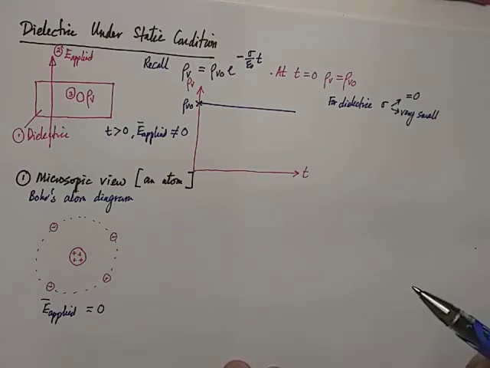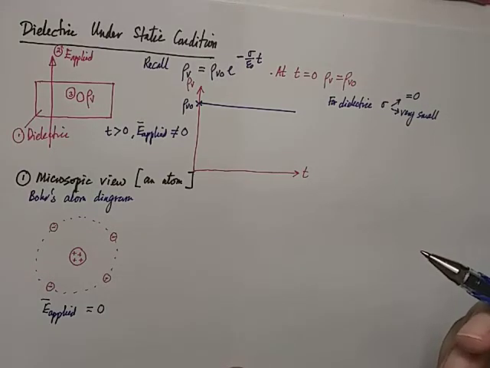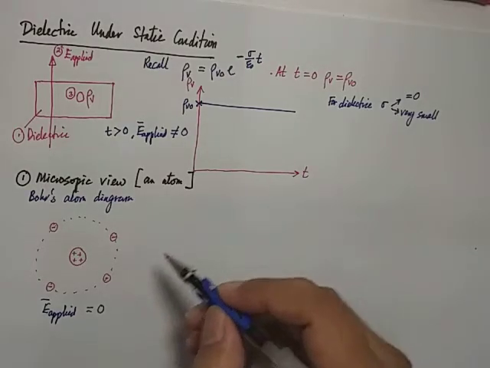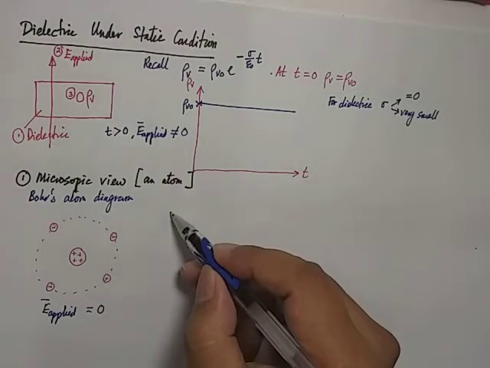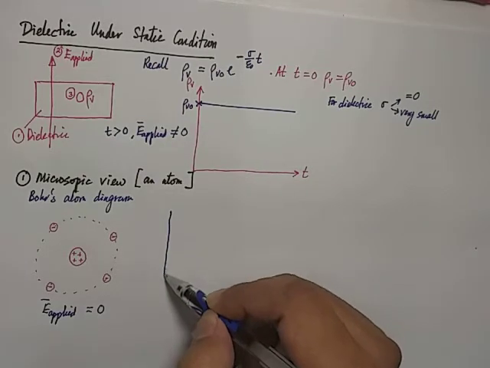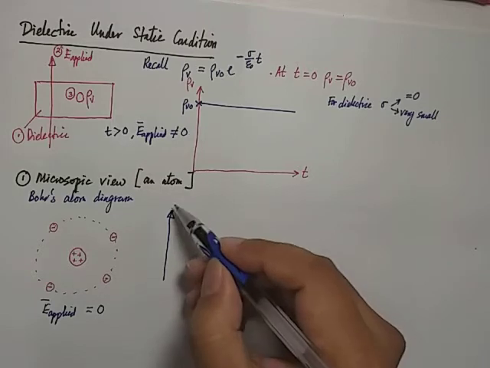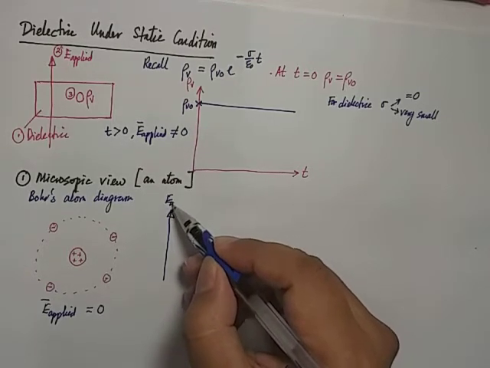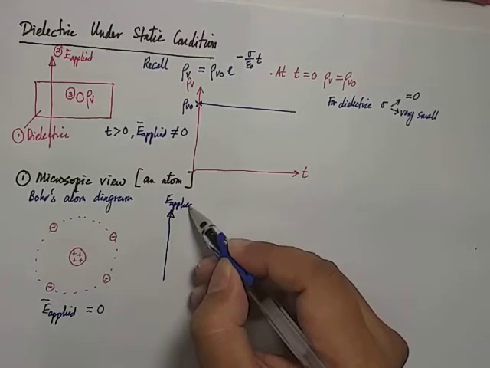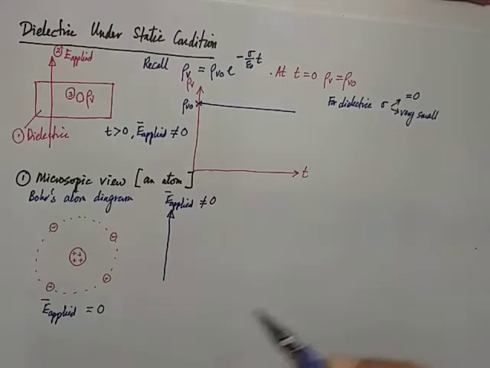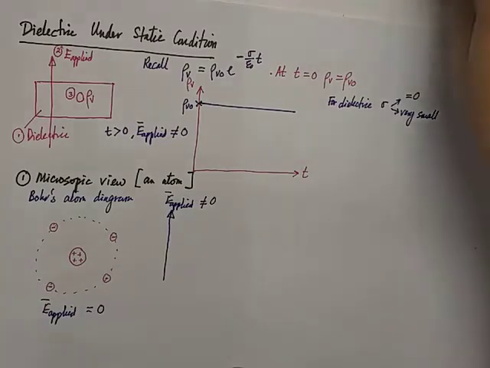Now we're going to introduce electric field. We're going to assume our electric field has the direction shown above, pointing upward. This should be our E applied. Now the E applied is not equal to 0, meaning that something will happen in the atom. So let's talk about that.